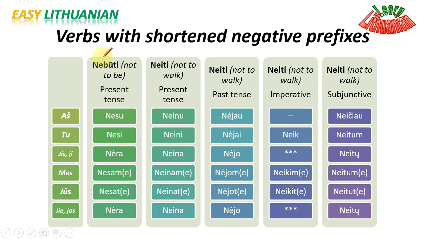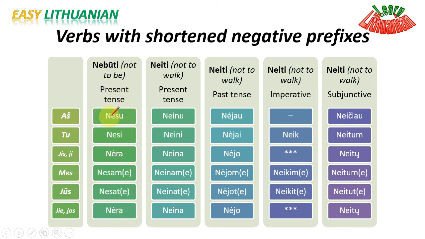And let's see how these verbs are conjugated. So let's look at the first verb, nebūti, not to be. Būti ar nebūti, to be or not to be. Aš nesu, tu nesi, nėra, mes nesame or nesam, jūs nesate or nesat, nėra. So the present tense of nebūti is this.